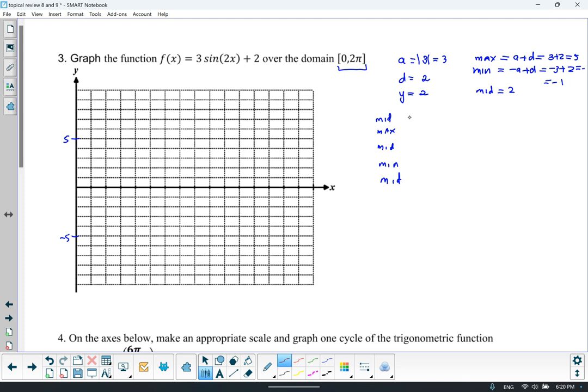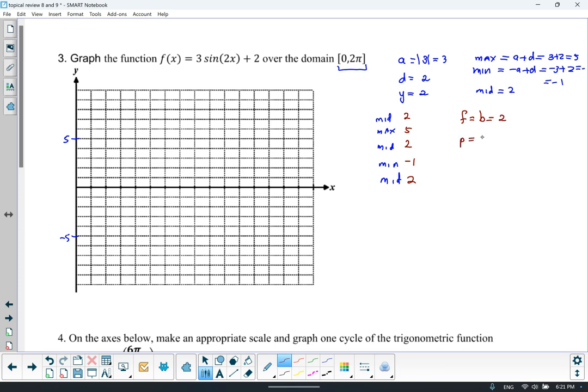And so in our case, the y values that we're going to graph are going to be 2, 5, 2, -1, 2. And we need to know how far to space those points. And to do that, you want to identify the frequency, which is sometimes labeled as b, which in this case is 2.